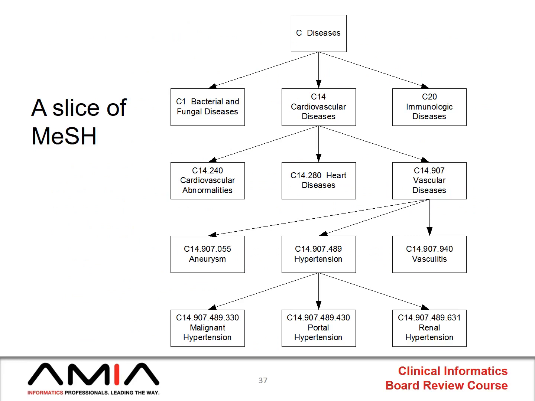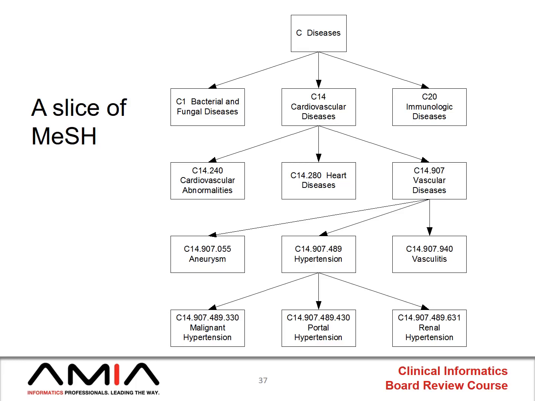This slide shows a slice through the MeSH vocabulary. So we're looking at the disease tree, and we see that there are many broad categories of diseases under the tree itself. One of these is cardiovascular diseases, which is in turn subdivided into cardiovascular abnormalities, heart diseases, and vascular diseases.